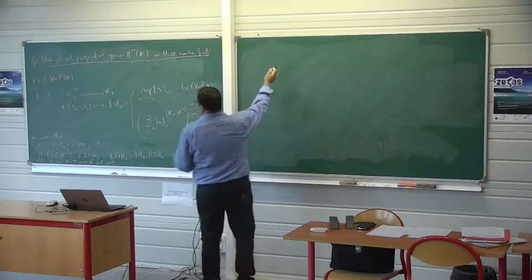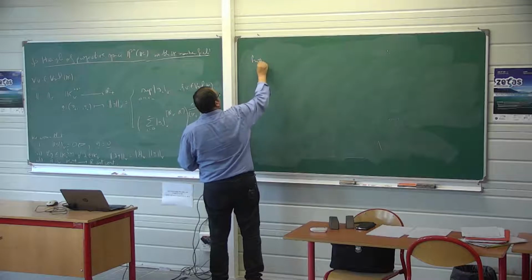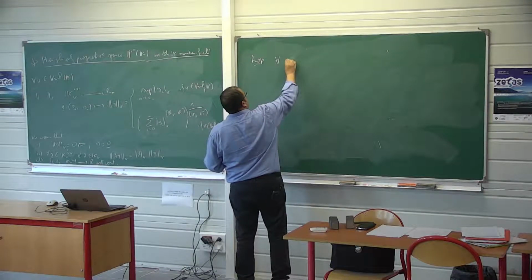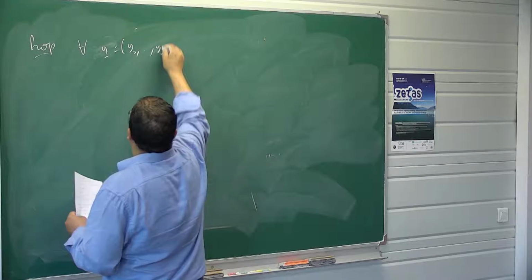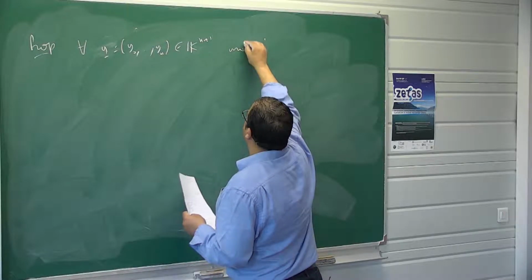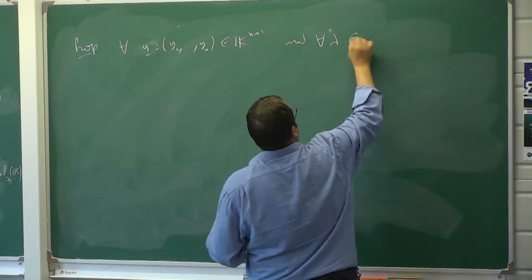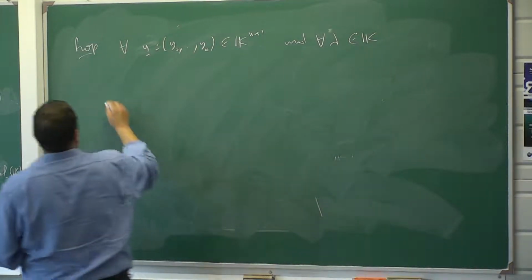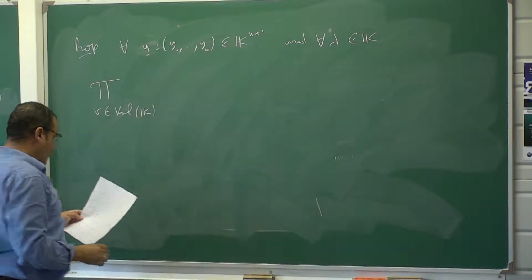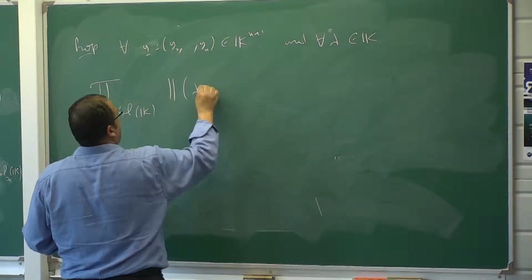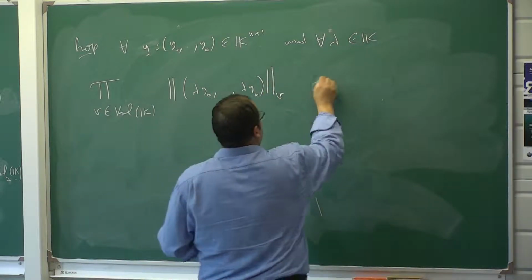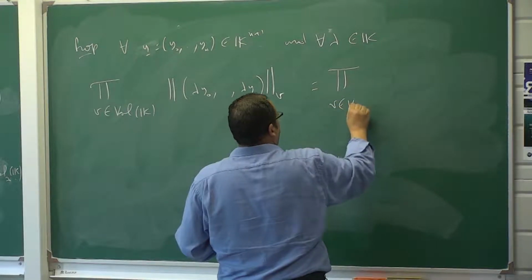Now I give a proposition. For any y equal y0 to yn in K^(n+1), and for any lambda in K star, if you compute the product on all the places of the number field K of the norm of the vector lambda y0 to lambda yn, then this is equal to the same product without lambda.